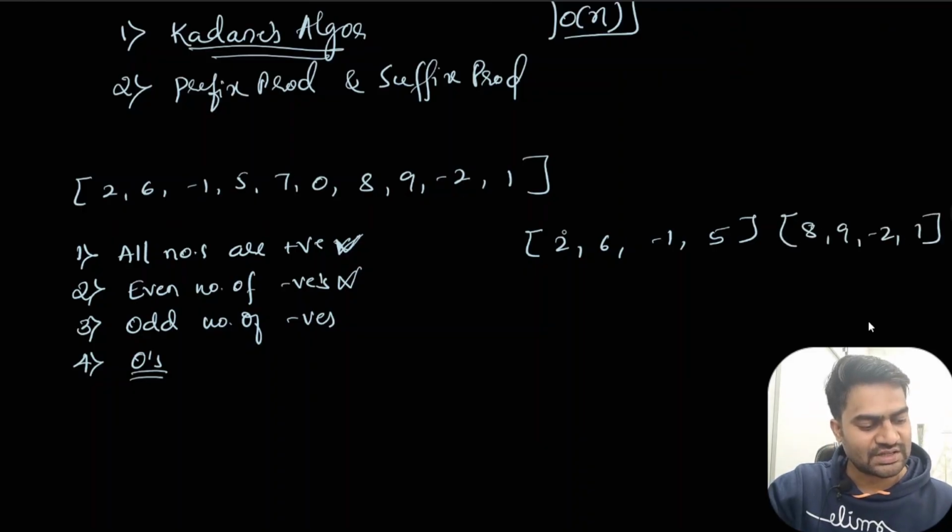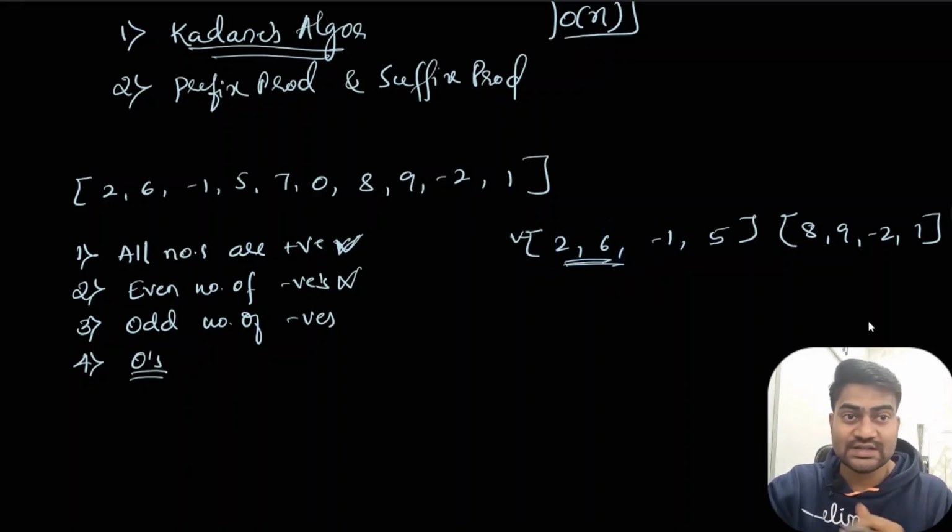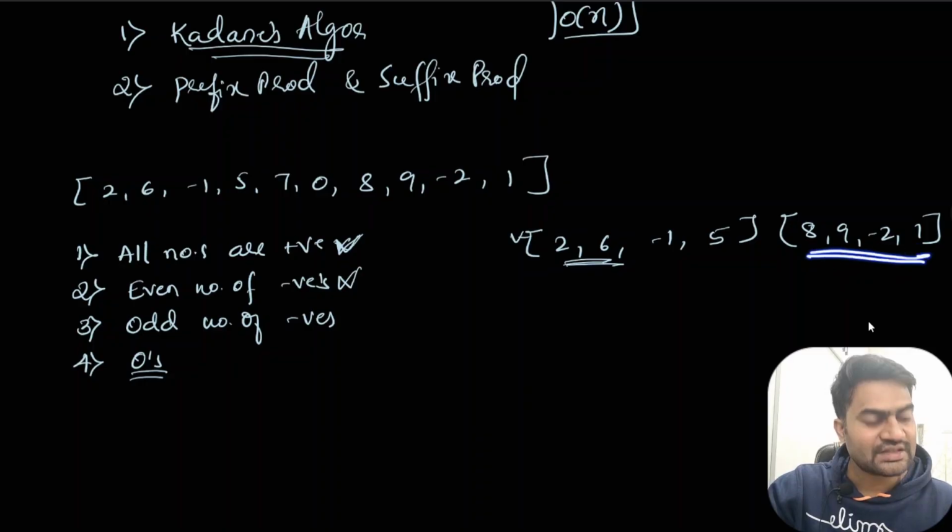Now if you see, our maximum product will be 2 into 6, correct, right? And our negative number lies somewhere here and our maximum product lies towards its left. Now again there is an odd number of negative numbers here, correct, right?